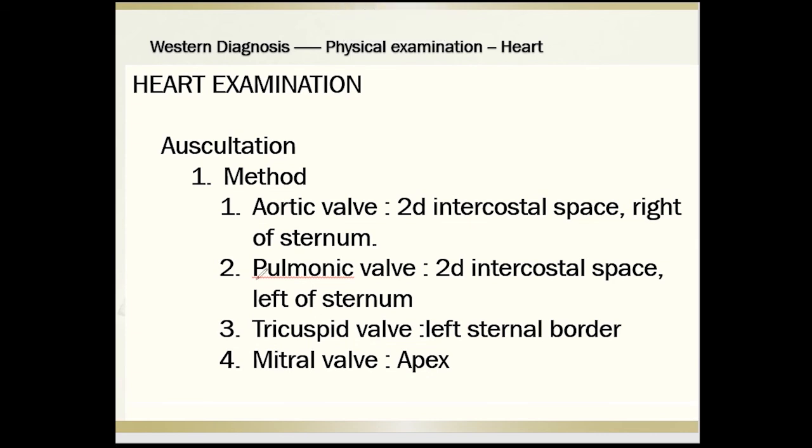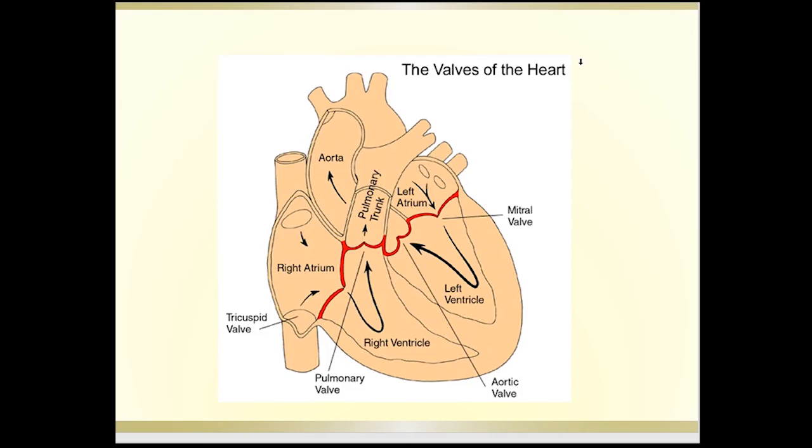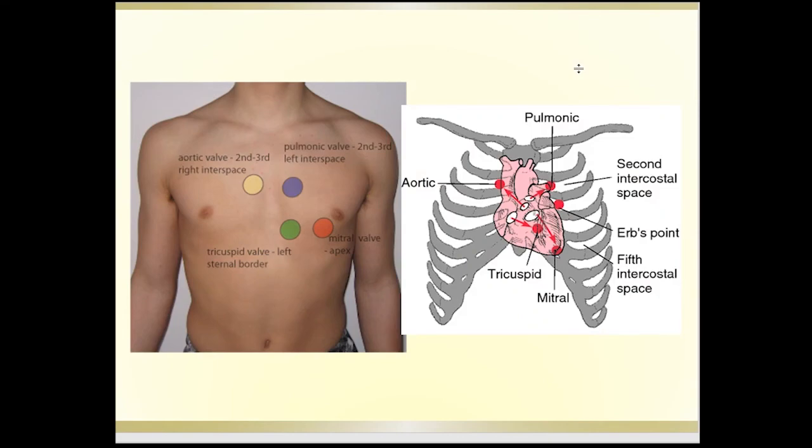If we try to hear pulmonary valves, we go to the left sternum, second intercostal space. So basically, they are at the same level, second intercostal space, but one is on the left side, one is on the right side.